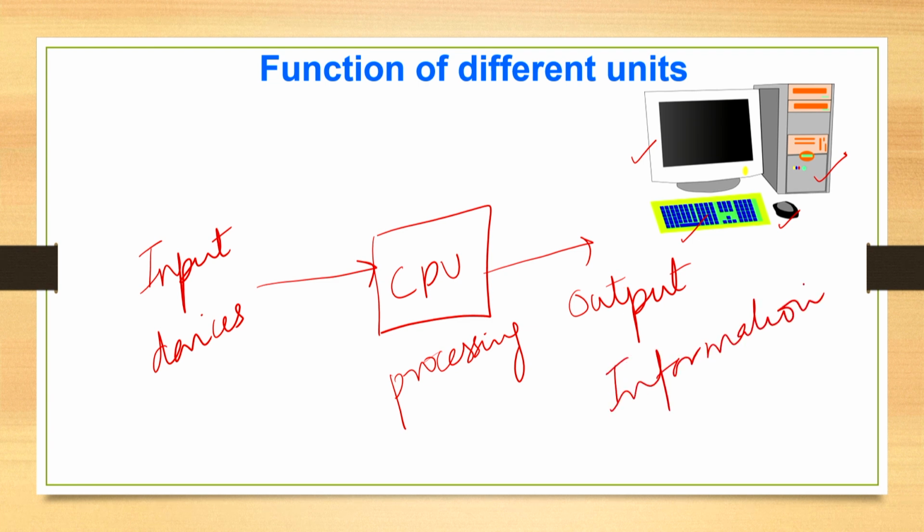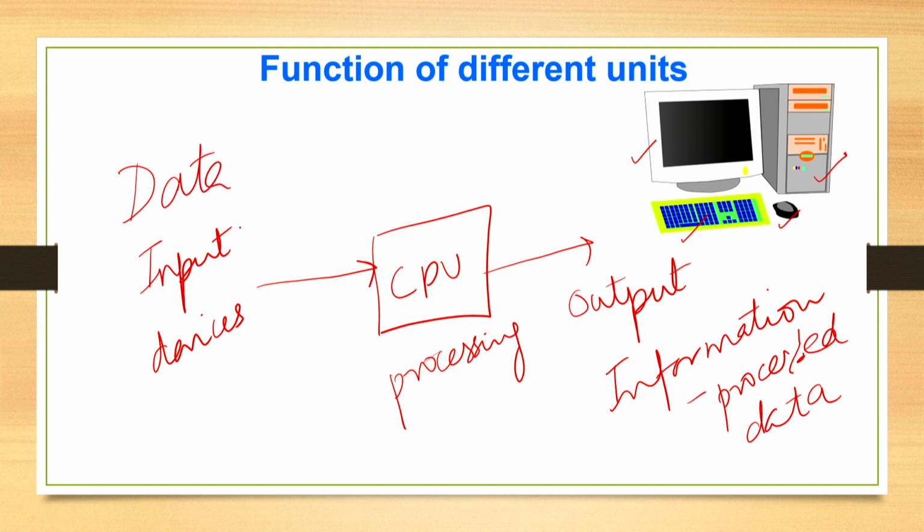Information is nothing but processed data. In this way the whole functioning is done. Data is given to the computer through input devices, then the input is transferred to the CPU where the processing is done, and then it gives the processed data, which we call information, through the output.